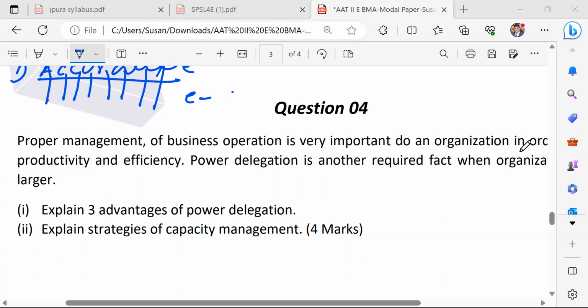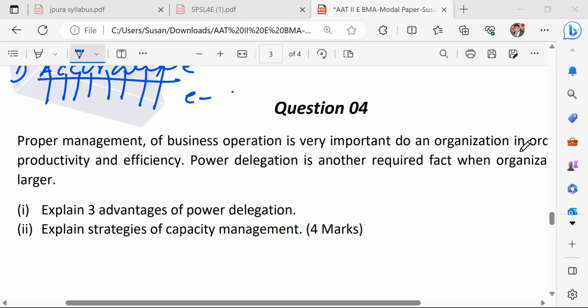what is the importance, the advantages of power delegation, right? This is very important for productive management. Once we have delegated power, then the responsibility spreads among other people in the management hierarchy.